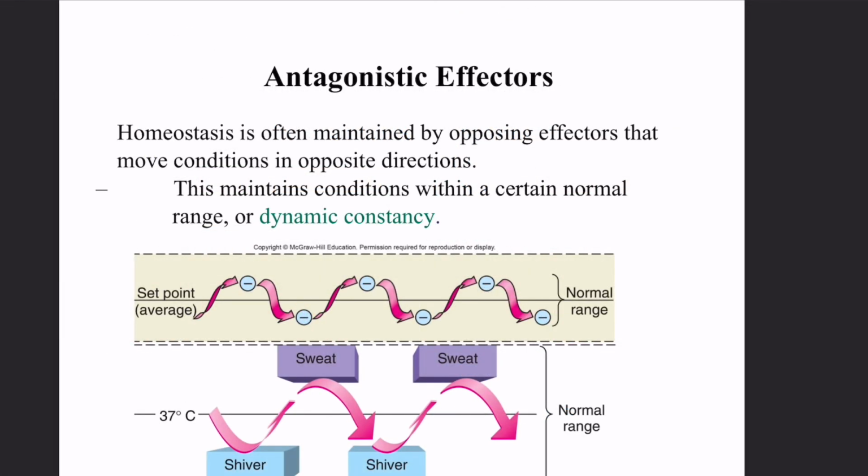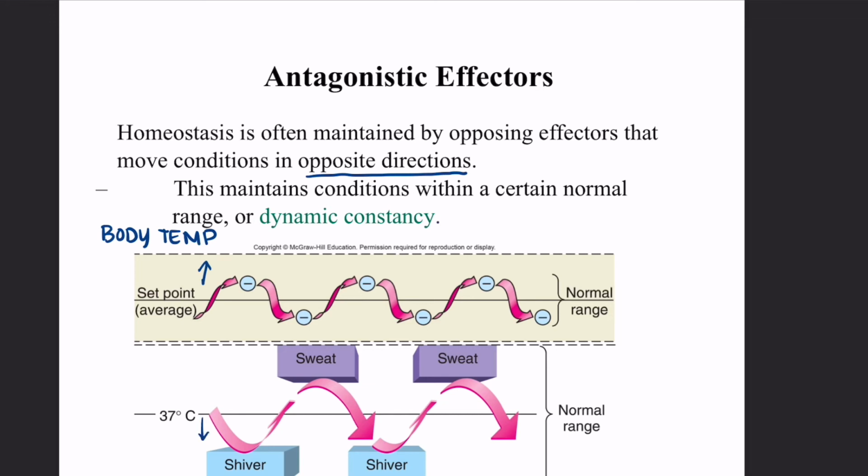Oftentimes in homeostasis, there are opposing effectors that are going to change conditions in opposite directions. And so I just gave a great example of body temperature and how we sweat when our body temperature is too high, or we shiver when our body temperature is too low.